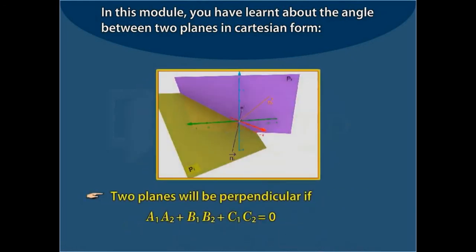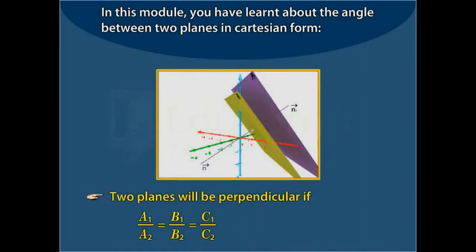Two planes capital P1 and capital P2 are perpendicular if capital A1 A2 plus capital B1 B2 plus capital C1 C2 equals 0. Two planes capital P1 and capital P2 are parallel if capital A1 by capital A2 equals capital B1 by capital B2 equals capital C1 by capital C2.